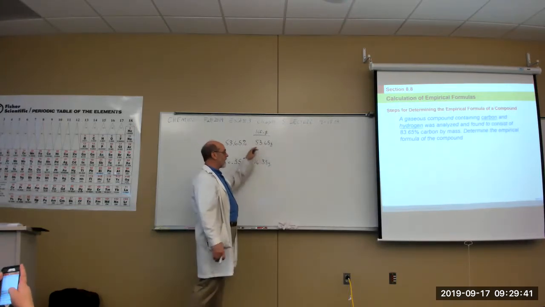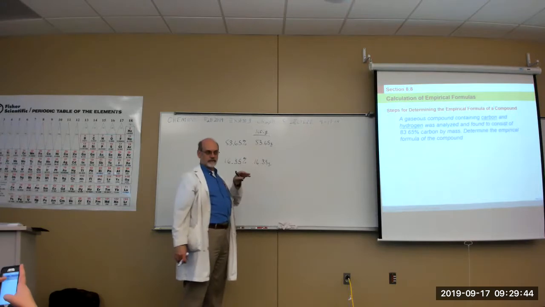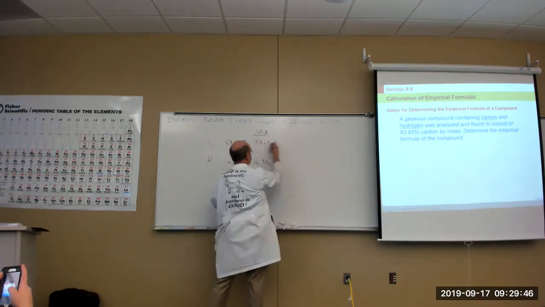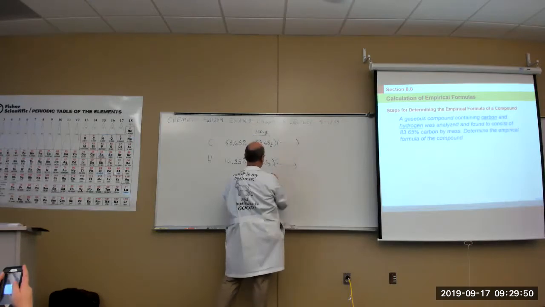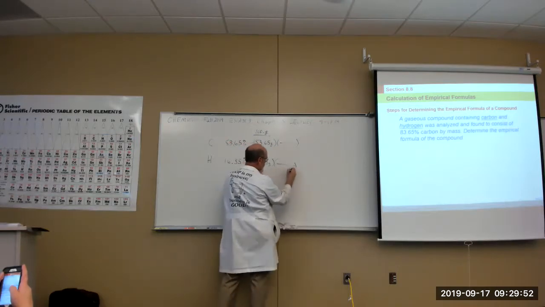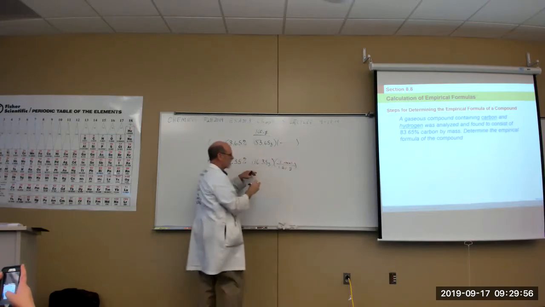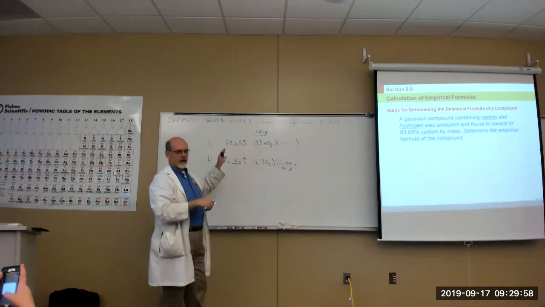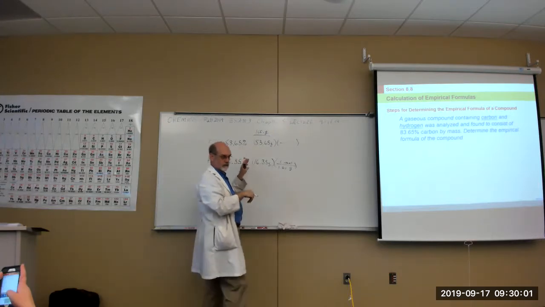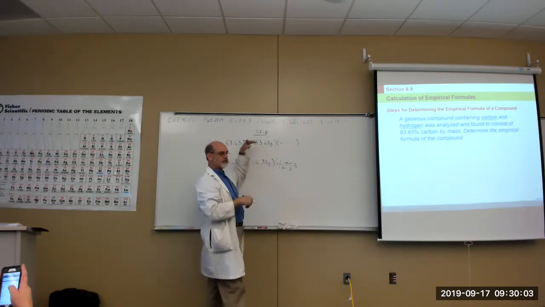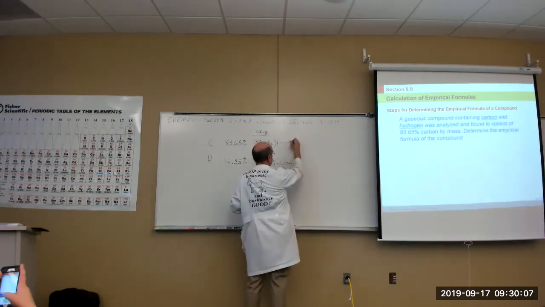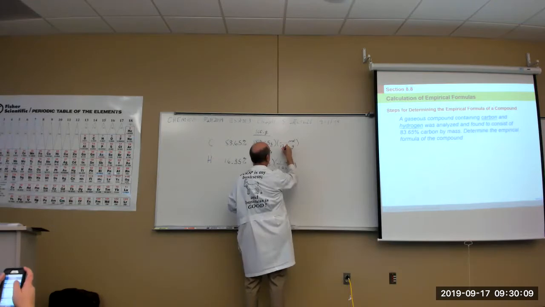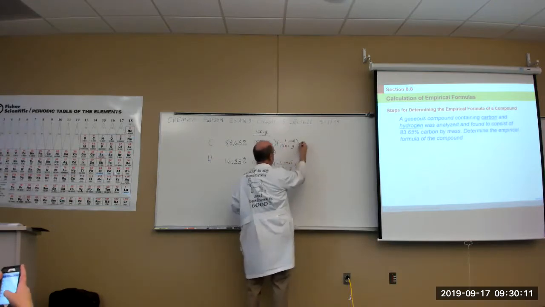So now that we have grams of each, we can convert to moles. Right? So for hydrogen, we have so many grams per mole. This is going to tell us how many moles of hydrogen are in that compound on a ratio basis, ratio of hydrogen to carbon. So this is 12.01. Know that.